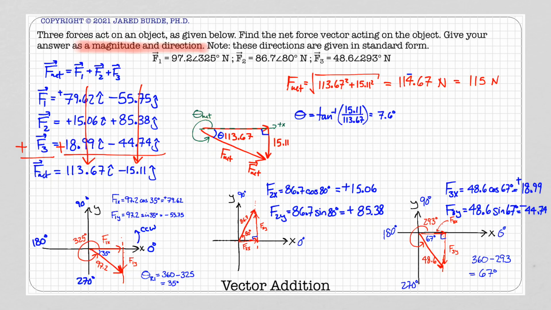And so we can say that the actual angle that we're looking for here is going to be 352.4 degrees. And so if we put all that together, we found the net force vector. It has a magnitude of 115 newtons, and it has an angle of 352.4 degrees.